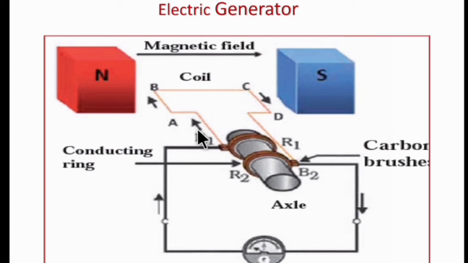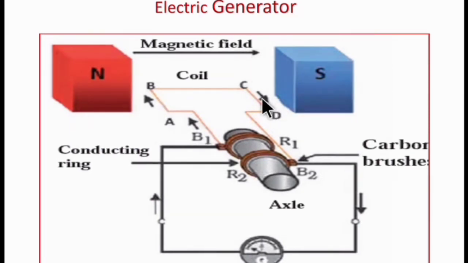After half rotation, branch AB takes the place of branch CD, and branch CD takes the position of AB. Therefore, the induced current goes from D to C, C to B, B to A. But branch BA is in contact with brush B1 and branch DC is in contact with B2.